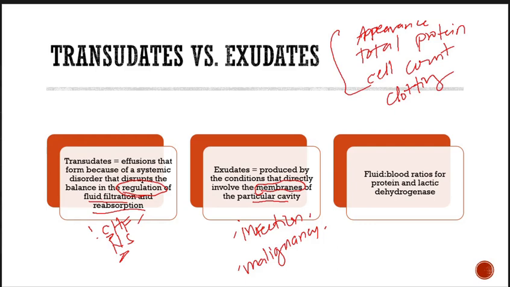Okay. So, we can use these to differentiate transudate versus exudate. However, ang best differentiator po natin is this one: the fluid to blood ratio of protein and lactic dehydrogenase. Okay, so ito yung best differentiator natin between transudate and exudate.